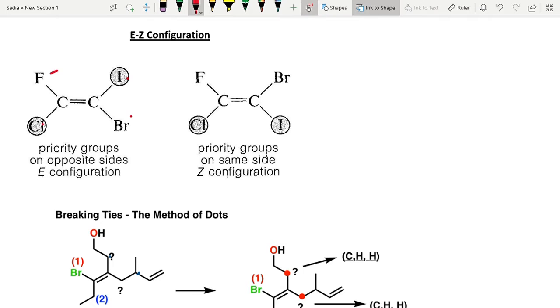In this compound here, we can see E/Z configuration and how it is observed. When high priority groups lie on opposite sides like this in diagonal, it is E configuration, and when high priority groups lie on the same side, it is known as Z configuration. Okay, and high priority group is the one which has higher molecular mass.